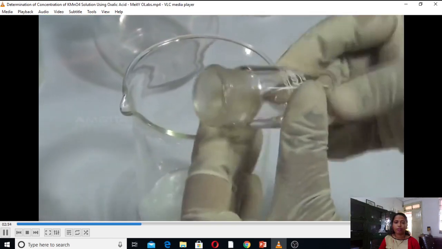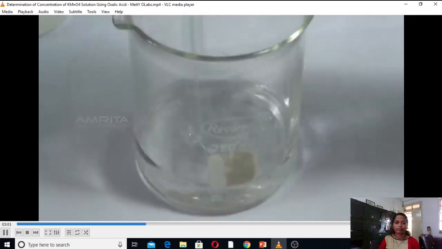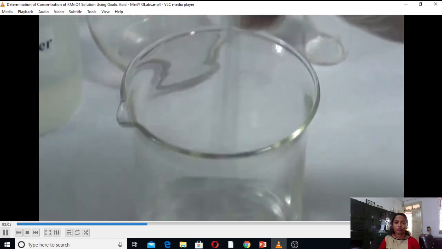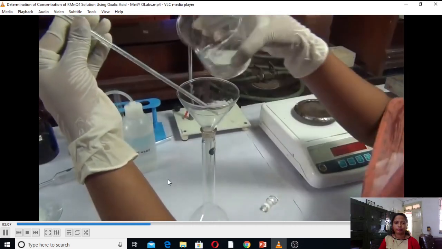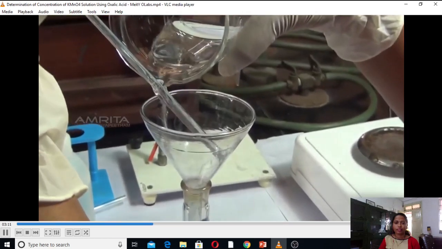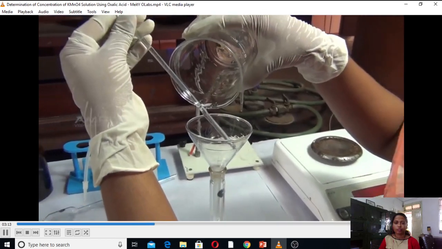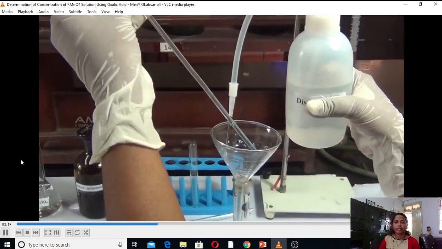Transfer all the crystals into the beaker. Dissolve the crystals.